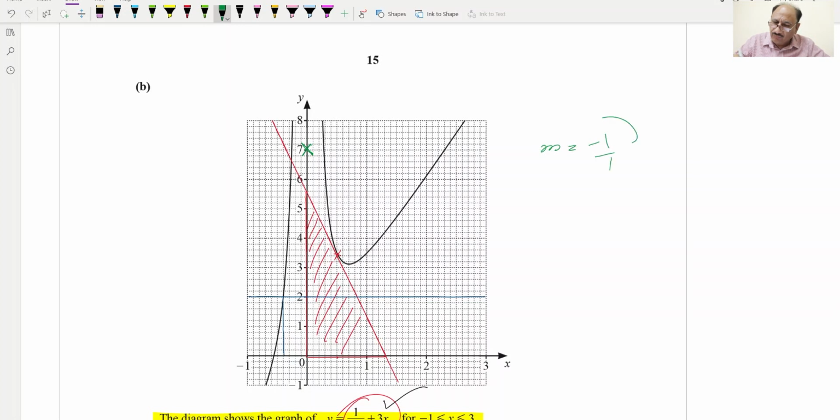So we can write 1 over 1, rise over run. So minus 1 will be down, so we'll go 1 unit down and 1 unit right. So we will get the second point over here. Hopefully you are understanding how we got these 2 points, and now we'll join these 2 points and draw the line to find the points of intersection.